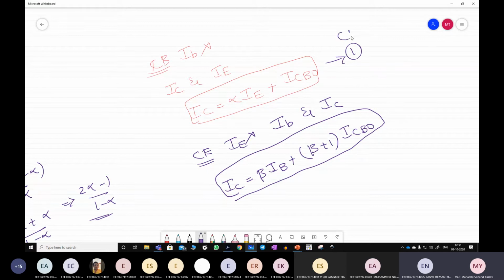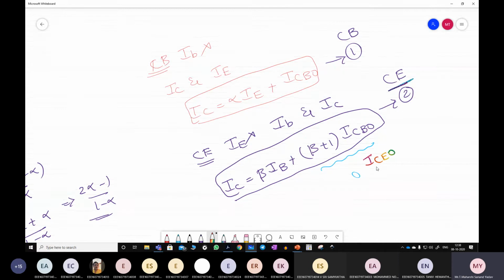This is for common base. This is for common emitter. Now here one more change. Here 1 plus beta into ICB naught can be written as ICE naught. Why? Because this is common emitter configuration.